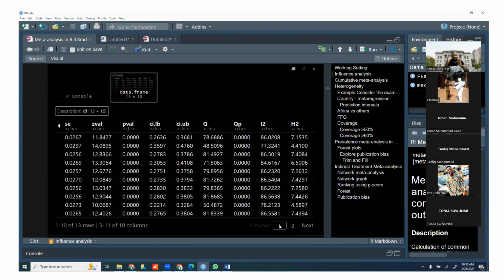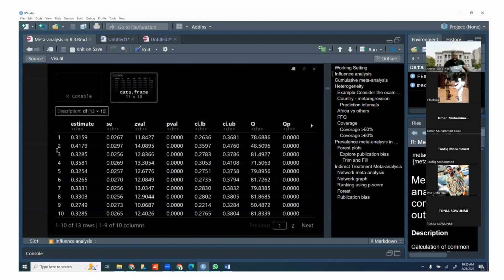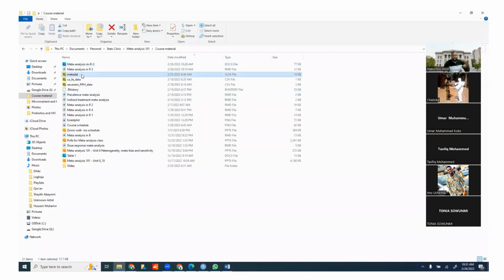So you just generate some ballpark in your head of what you think is a meaningfully different set of estimates. If you think this is meaningfully different, then you look at the study that is leading to that difference, and you try to understand that study. In this case, let's look at that study quickly.